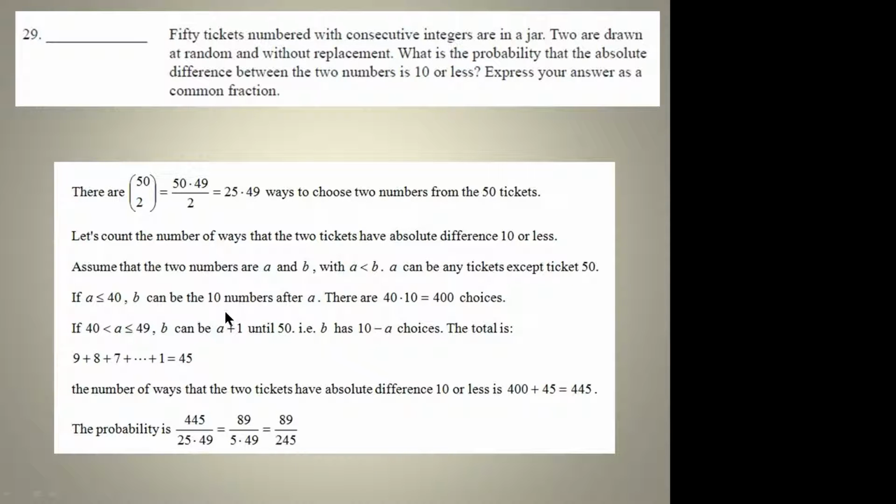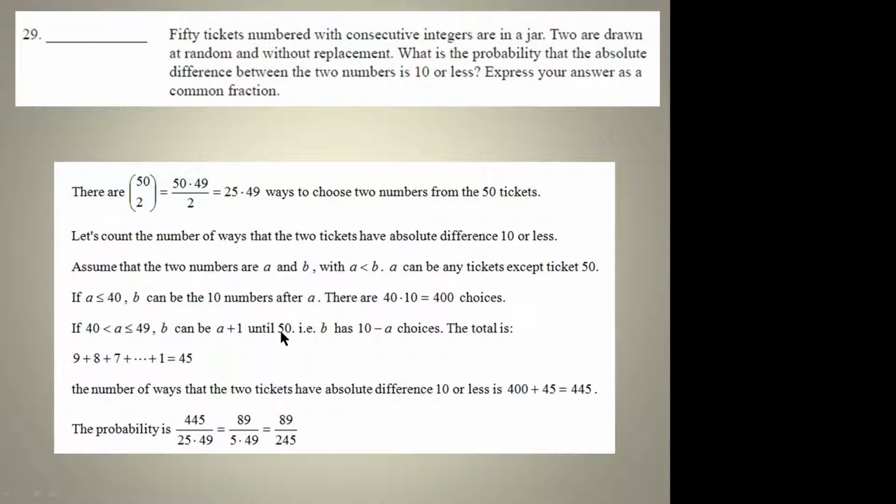So B has 10 choices. Okay, no matter what A is, B has 10 choices, but A has 40 choices. So its total number of choices in this case is 40 times 10, 400. If A is greater than 40 but less than or equal to 49, okay, then B can be A plus 1 until 50.